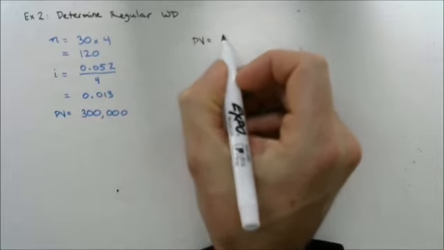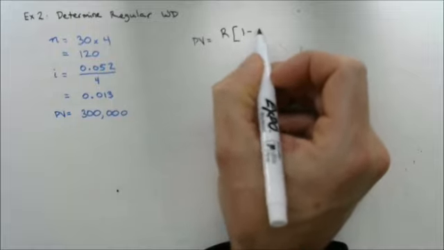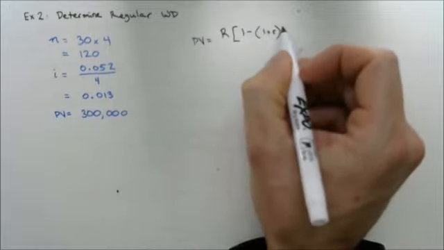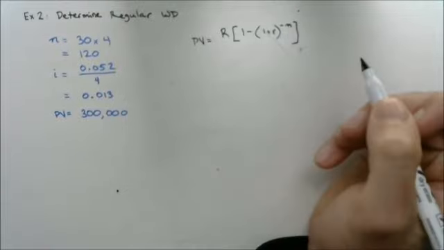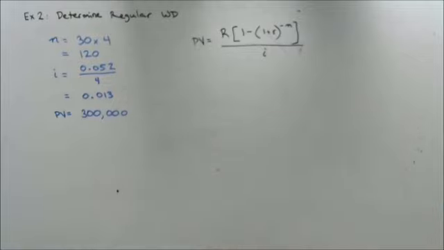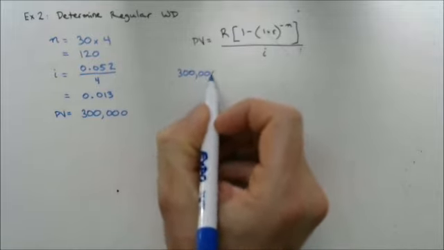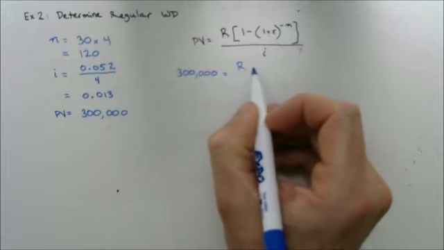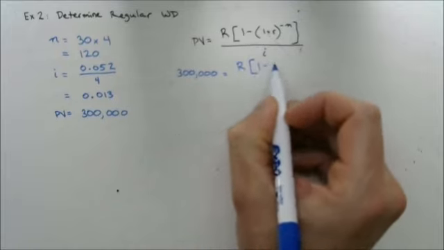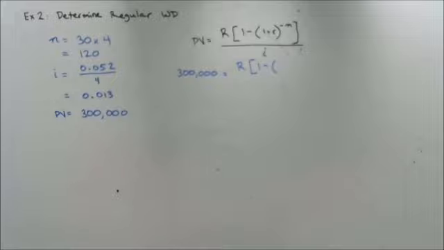So PV equals numerator R bracket, square bracket 1 minus little bracket 1 plus i to the power of negative n, close that bracket, all over i. Subbing in the values that we know. We know her present value, 300,000. We do not know R. We know the interest rate, i. I put in the wrong letter here.